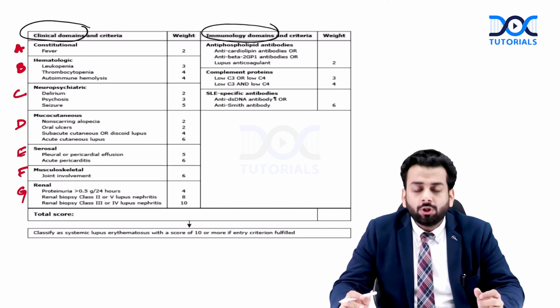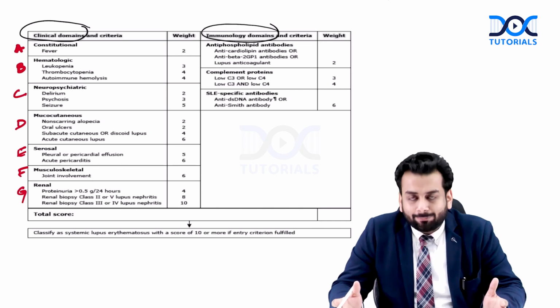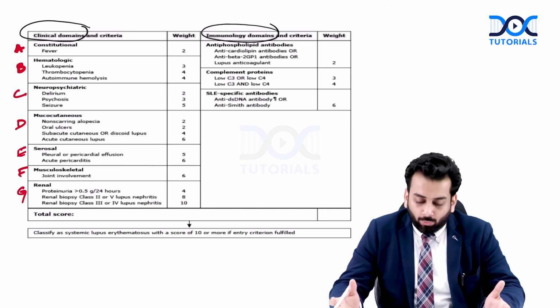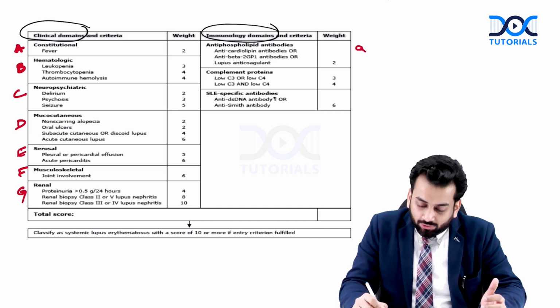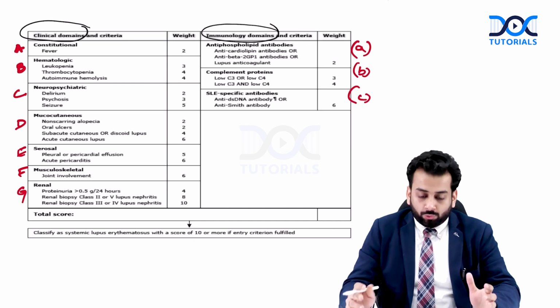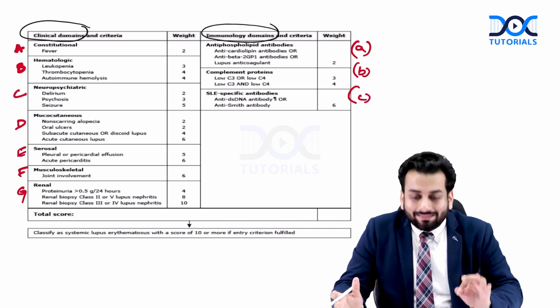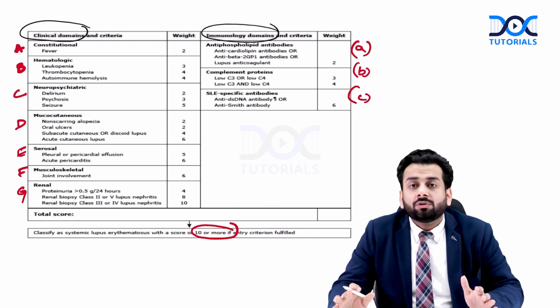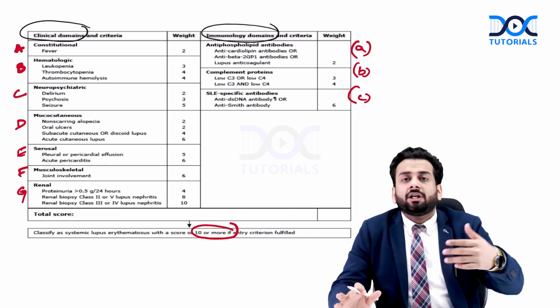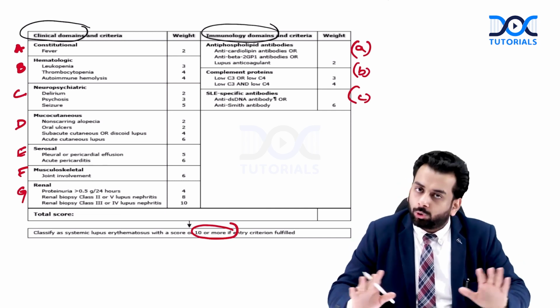And the immunological domains are the specific SLE antibodies, including the anti-dsDNA and the anti-Smith. Then you have the anti-phospholipid antibody. Then you have the complement proteins. So cumulatively, a person must have a score of 10 or more to be diagnosed as lupus, in addition to the mandatory entry criteria not to be forgotten.